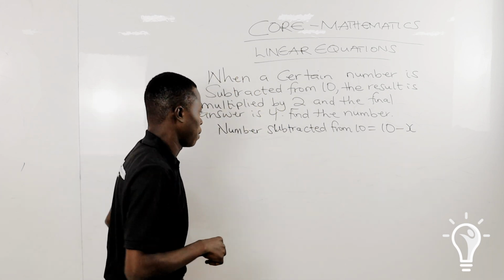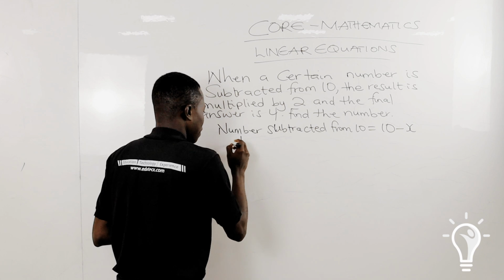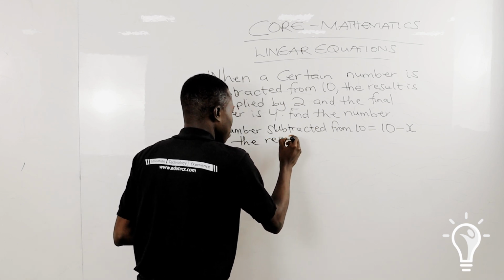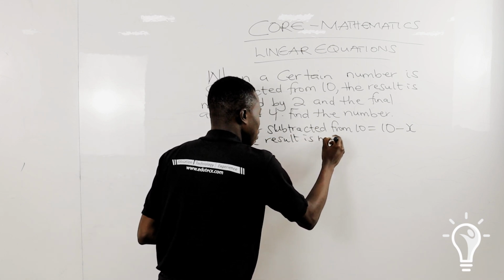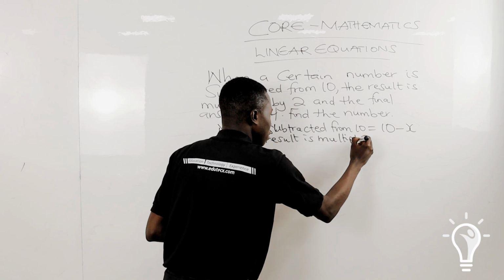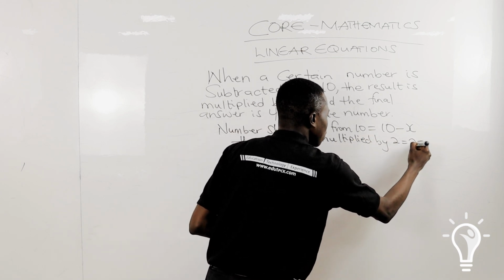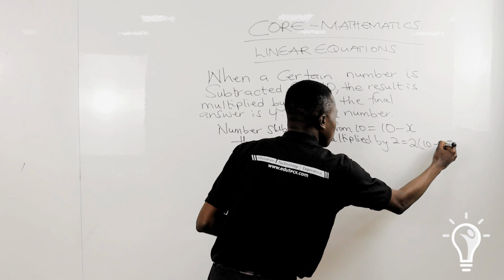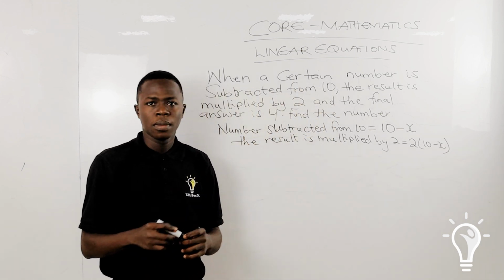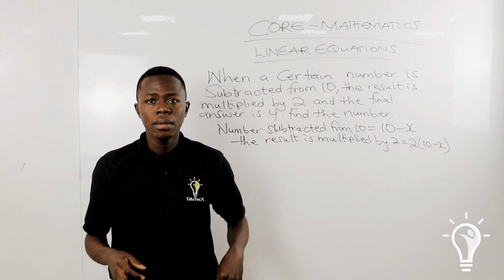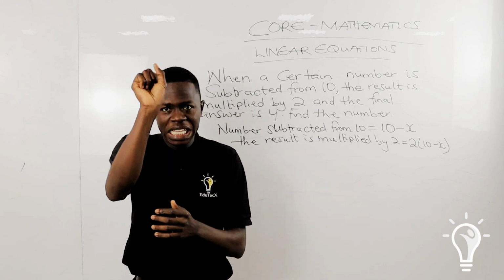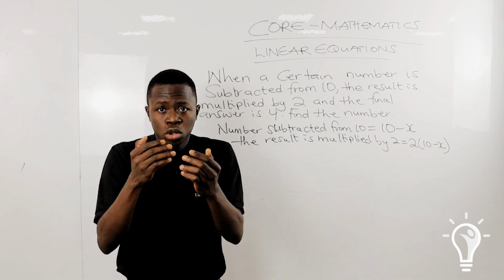So because of the multiplication, we'll bring the brackets and then we'll bring 2 outside since it is multiplying the result of 10 minus X. So we will express it as 2 open bracket 10 minus X close bracket. So little by little, we are extracting the mathematical expression. So let's continue.